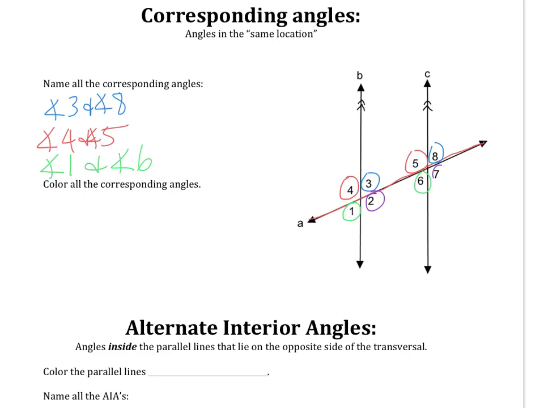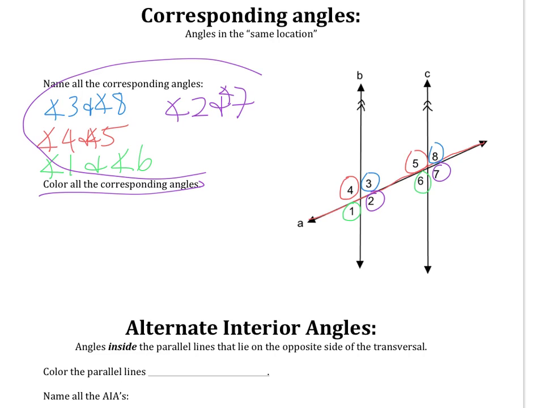And 2 corresponds to 7. Oops. And it says color all of them. I did mine in 4 different colors. As long as you understand what's going on, should be good. And these are called corresponding because they're in the same location. But it only works when there is a transversal.